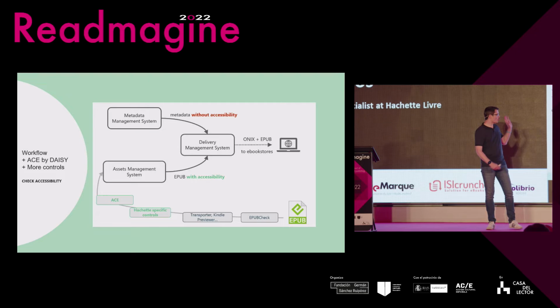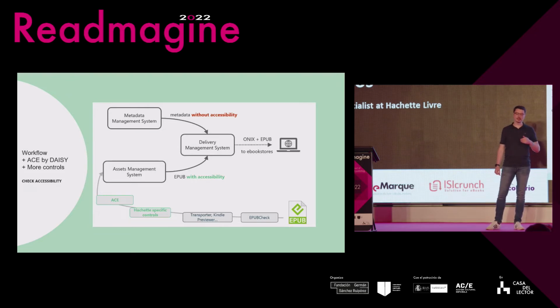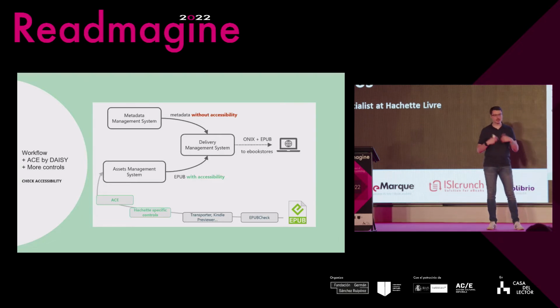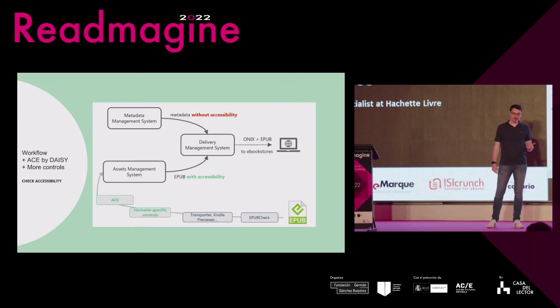So with ACE, we added Hachette-specific controls about accessibility. Not only accessibility metadata, but accessibility in general. And at this time, we know in our EPUBs that some images can have a very specific alternative text.